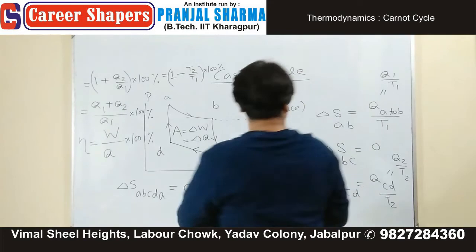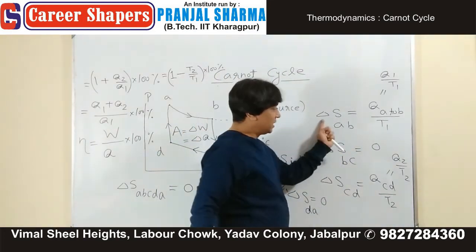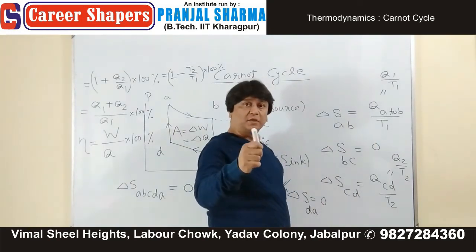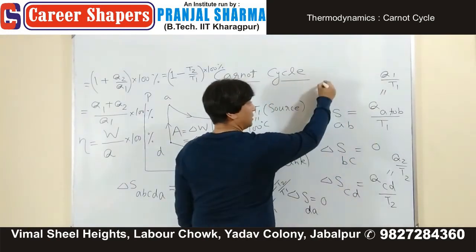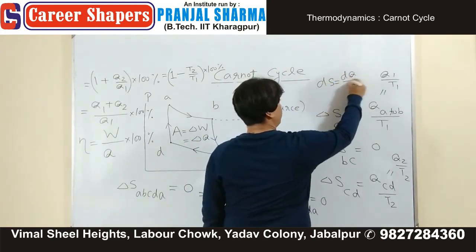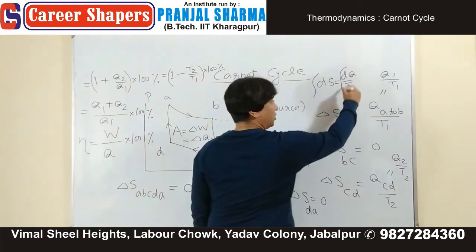Let me tell you again this thing that we are directly using delta S. We have done everything in the lecture of entropy. It starts with dS equals dQ upon T. So when you integrate, you are integrating the whole thing.